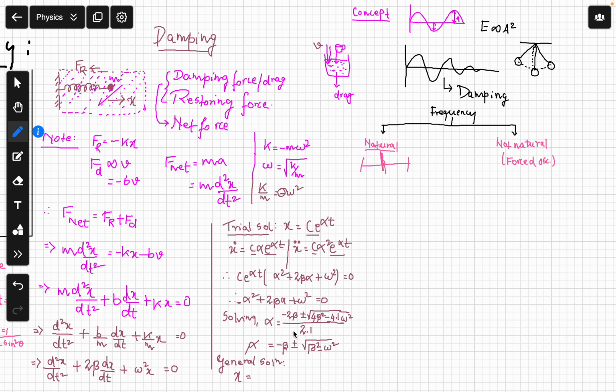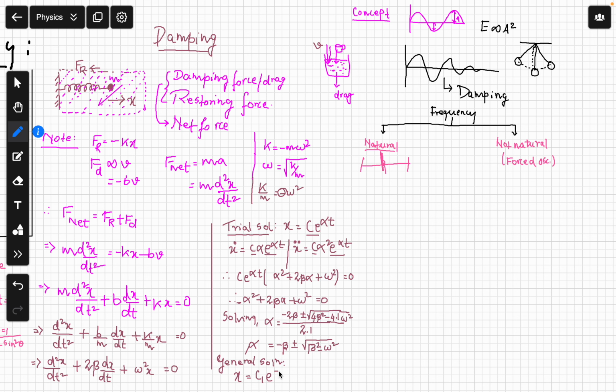Now you see there are 2 here. This is minus beta plus root over beta square minus omega square, and minus beta minus root over beta square minus omega square. So I will take 2 different terms and then combine them. So I will take, let's say, one constant is c1. This is the general solution. E to the power alpha. Alpha is this.